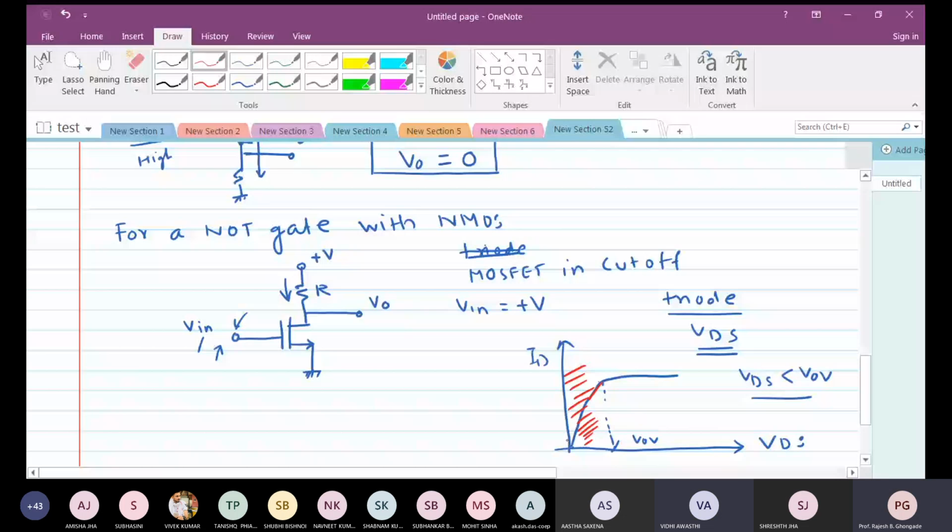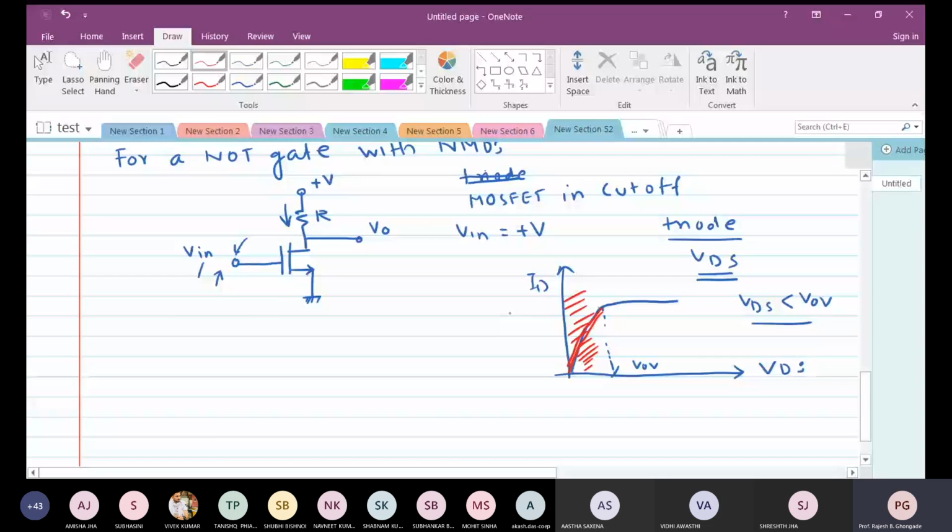In fact, if I want to use it as a switch, I must never allow the device to go into this region. So under the condition that VDS is less than VOV, if I apply V in, then my device will be on, in the triode region, and now the picture changes.